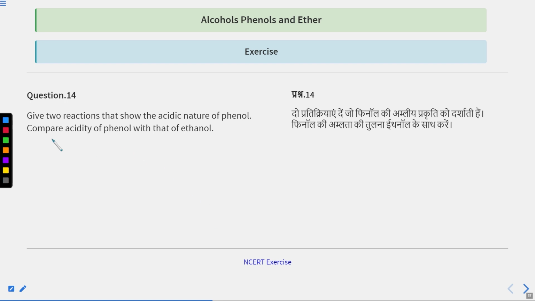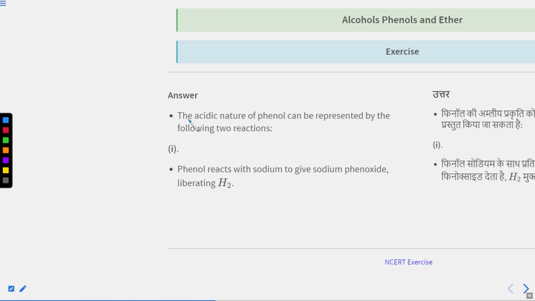After that, give two reactions that show the acidic nature of phenol. Compare acidity of phenol with that of ethanol. For that, we will treat it with NaOH, and the base will deprotonate phenol and form the sodium phenoxide ion. As compared to ethanol, phenol is more acidic because the negative charge on the oxygen is stabilized.